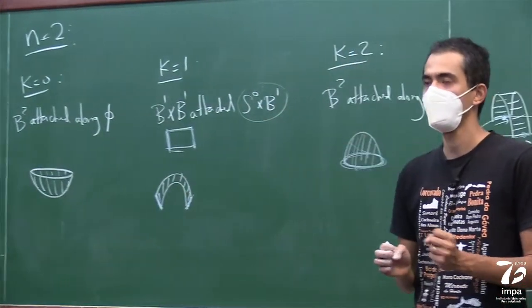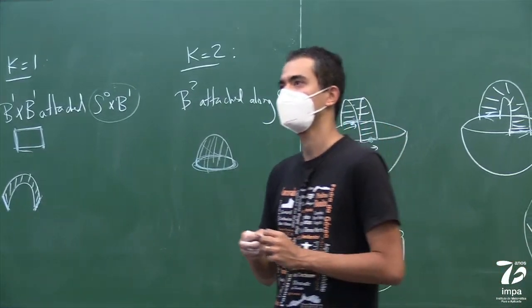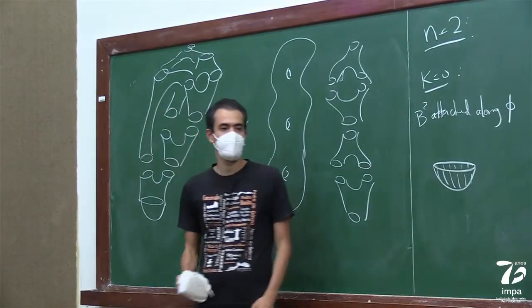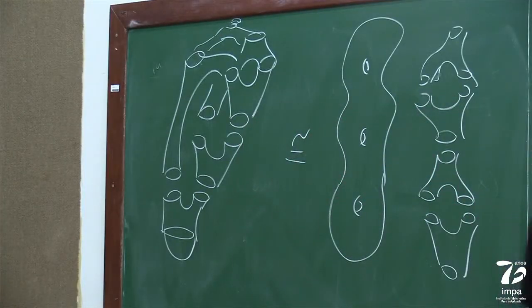And now I want to talk about handles in 3 and 4 dimensions. Again, we're going to play with them a little bit, at least in 3 dimensions. Yeah, so let's do that.